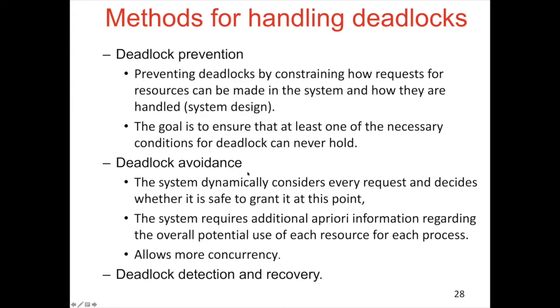Deadlock avoidance: the system dynamically considers every request and decides whether it is safe to grant it at this point. The system requires additional a priori information regarding the overall potential use of each resource for each process. This allows more concurrency. The third one is deadlock detection and recovery.